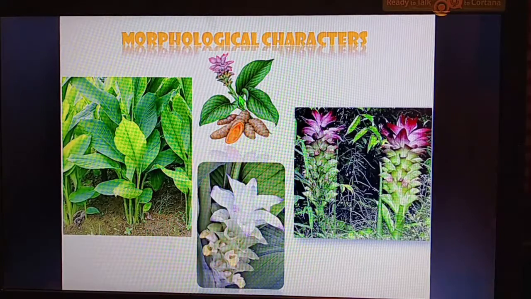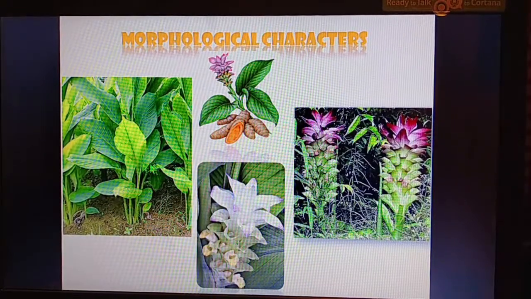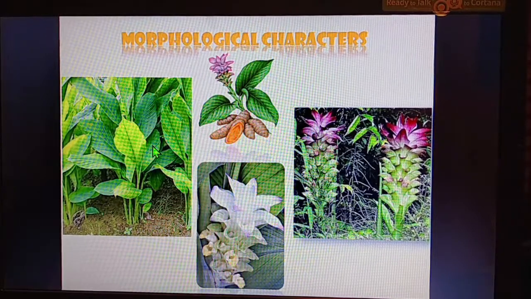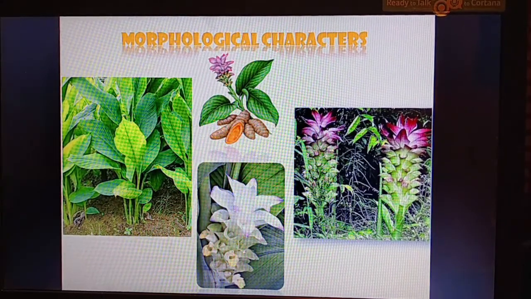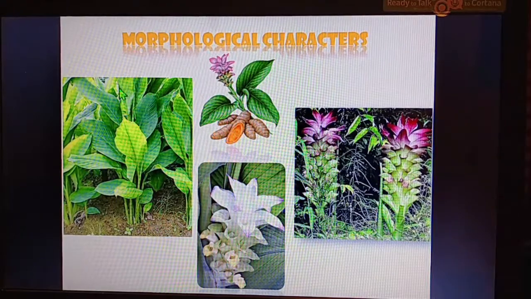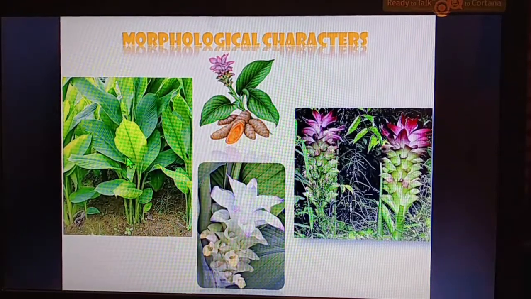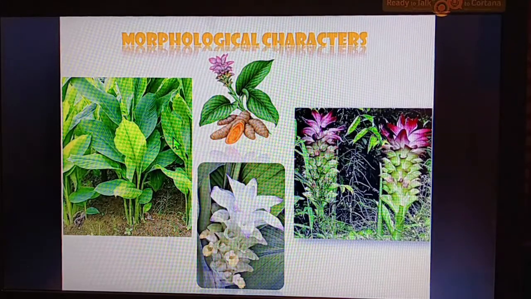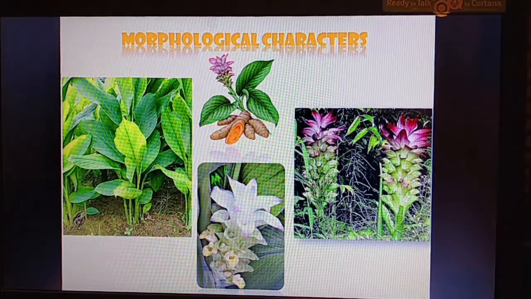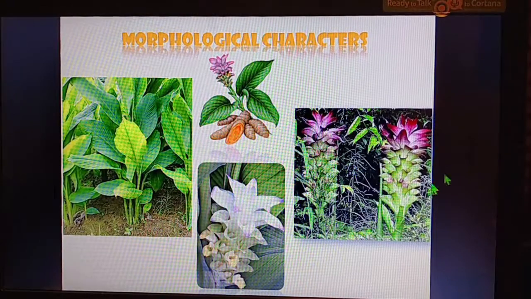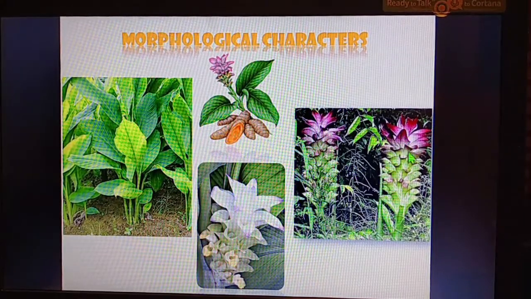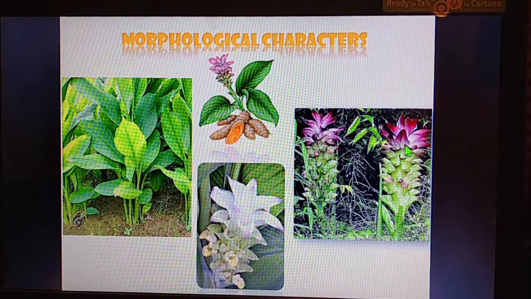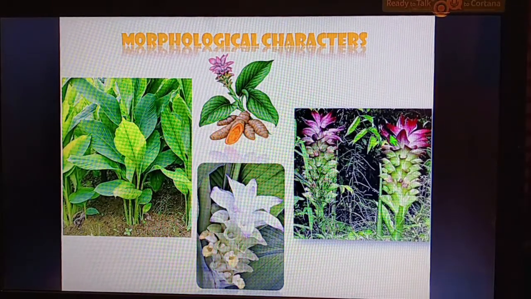The leaves of the turmeric plant are simple. They are also broad, long, and lanceolate, as you can see here, and bright green in color. The inflorescence is a dense spike topped by a tuft of pinkish bracts.